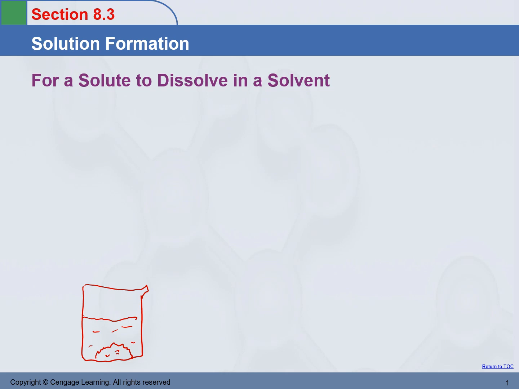First of all, we understand that only the particles on the surface of the solid can get dissolved. All right, now let's look at one particle here. Let's assume this is the particle we're looking at on the surface of the solid. Let's look at what has to happen for it to get dissolved in the solvent.